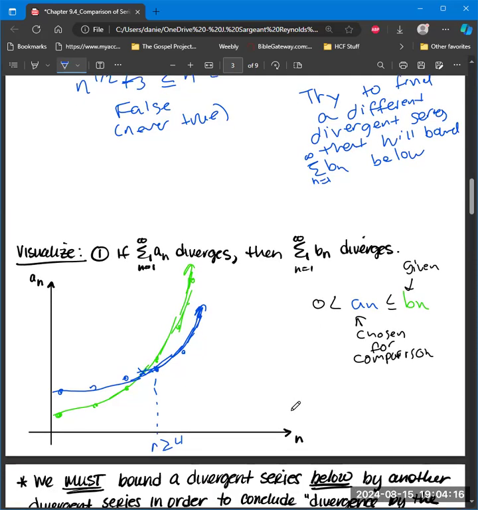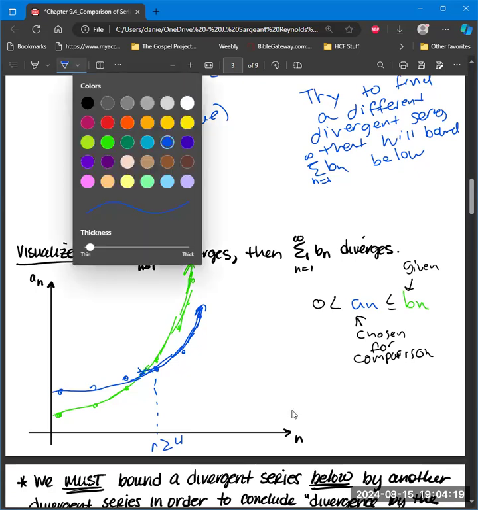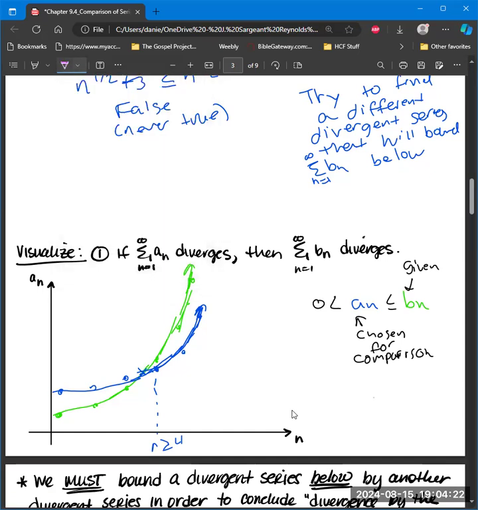What we can't have is a situation where, and I'm going to draw this in pink here, I have a series like this that is going to be divergent but stays below bn all the time. That's not allowed. I also can't have one, I call this one kn.